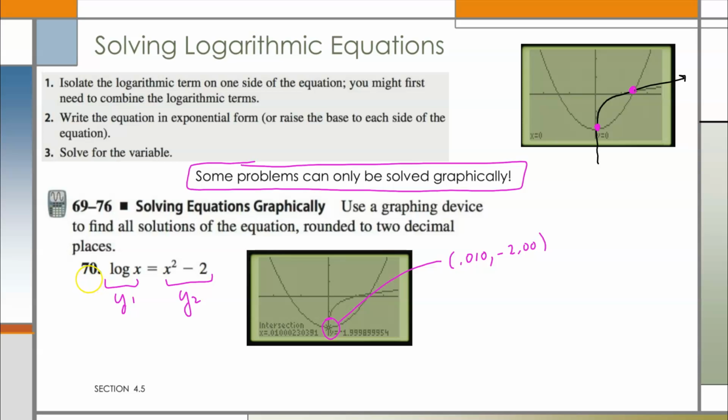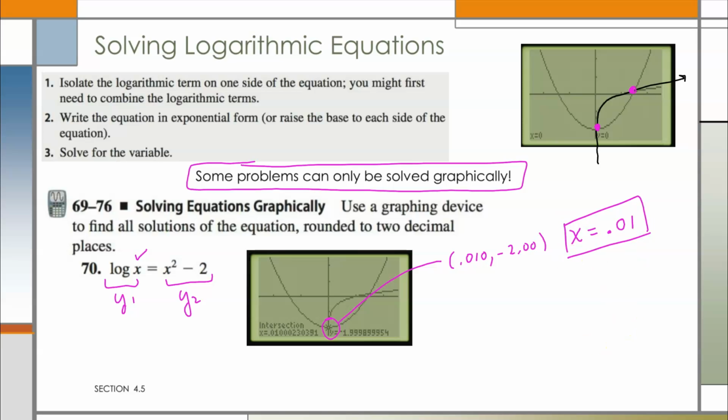Let's look back at problem number 70. What's our solution? We want an x value that when I plug it on the left side, it's going to equal what's on the right side. We want an x value. So this solution tells us x equals 0.01 to 2 decimal places.